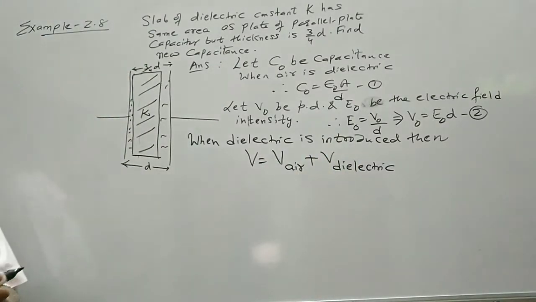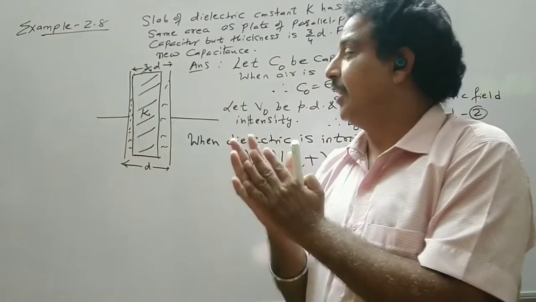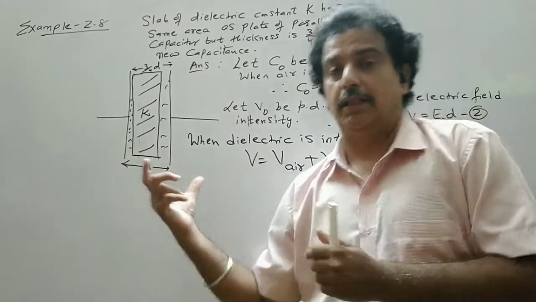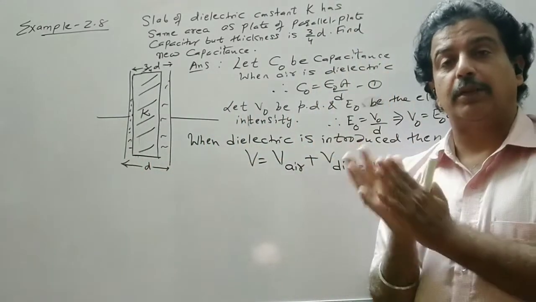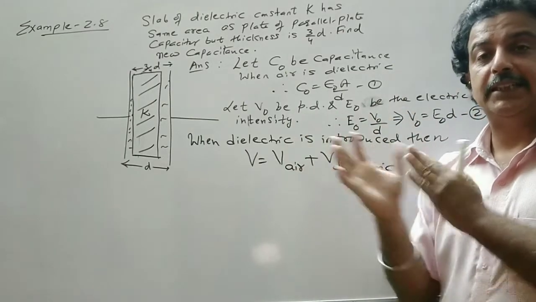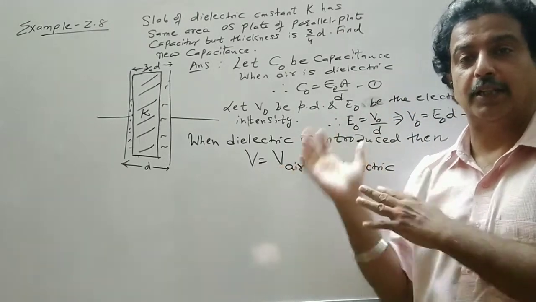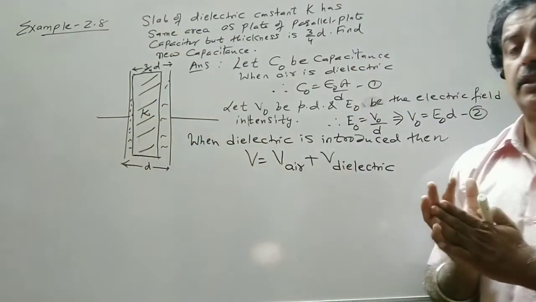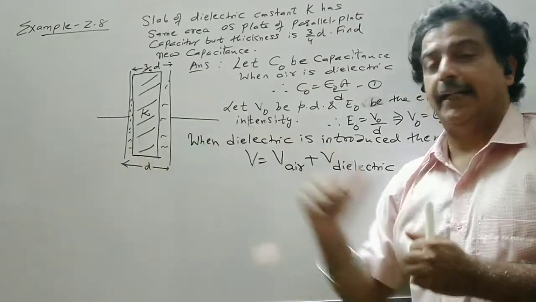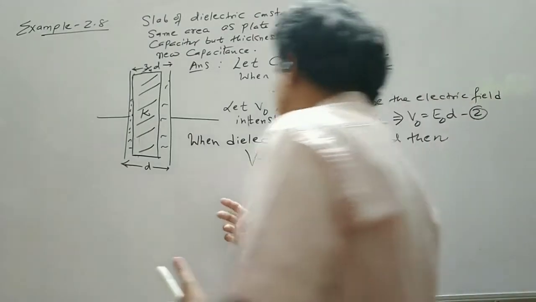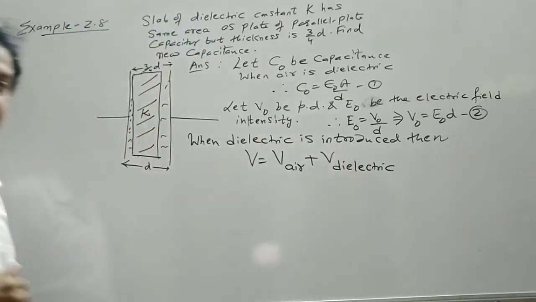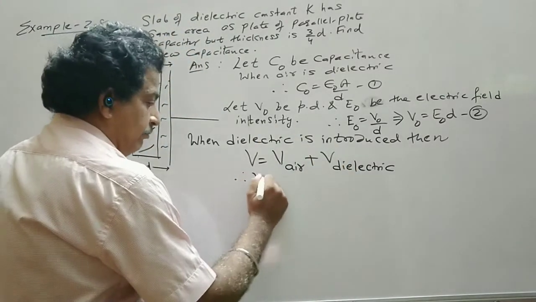And the V of dielectric will change because the polarization process will not be the same as it was in the case of air, when we filled the entire space with the dielectric. Now the potential will be the sum of the potential differences of air and dielectric.